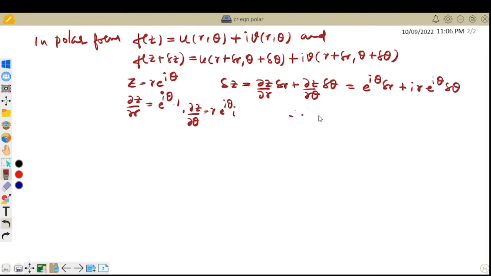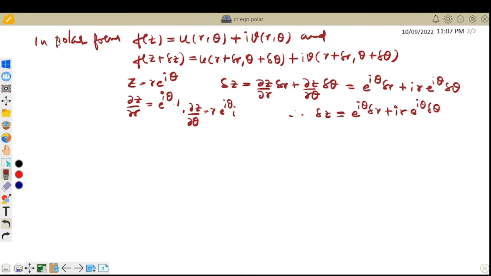So finally, delta z becomes e^(i theta) into delta r plus i r e^(i theta) into delta theta. This is the value of delta z.